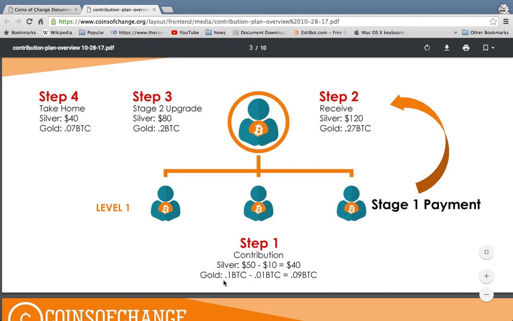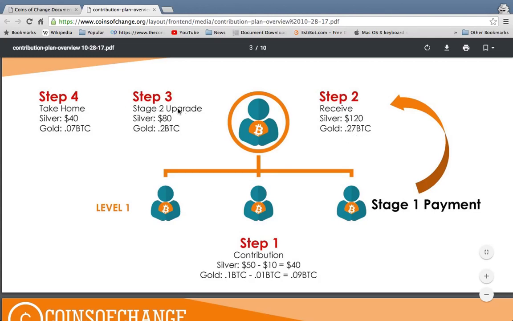In gold, it would be a 0.1 Bitcoin contribution minus the 0.01 for a total of 0.09. That's going to go directly to you. So on step 2, you're going to receive that $120, or in gold, it would be 0.27.